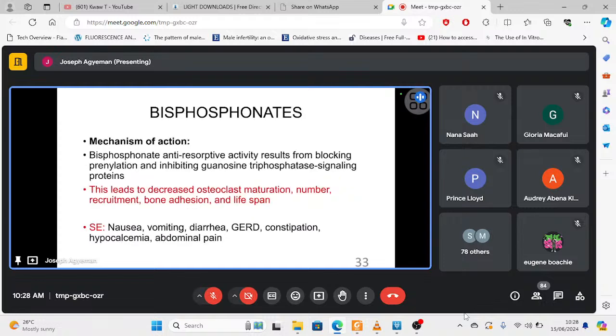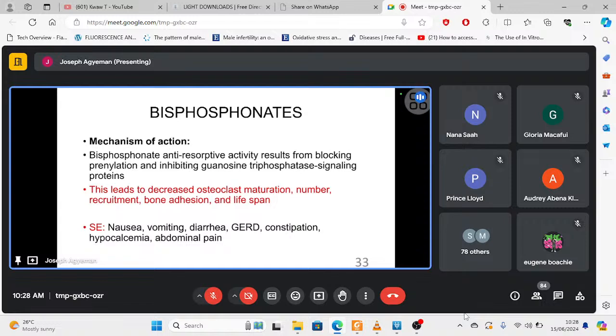Now, what is the mechanism of bisphosphonates if it is a moiety of pyrophosphate? Why then are we using it in osteoporosis? Though the structure looks similar, bisphosphonates do have anti-resorptive activity.